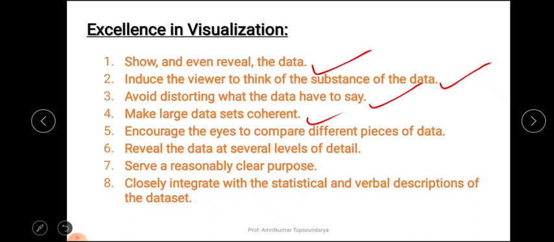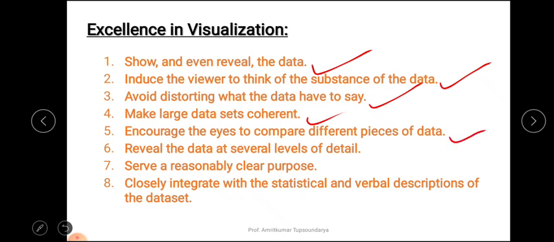By giving shape to data, visualization can help bring the data together to tell a comprehensive story. That's how large data sets are made coherent.